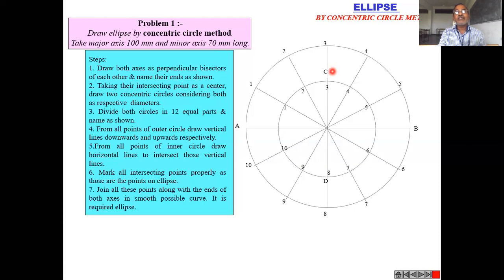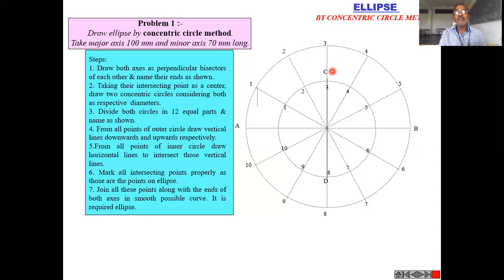And on the same diametrical lines, the division points on the inner circle are given the same names: 1, 1, 2, 2, 3, 3, 4, 4, 5, 5, like that. Okay?